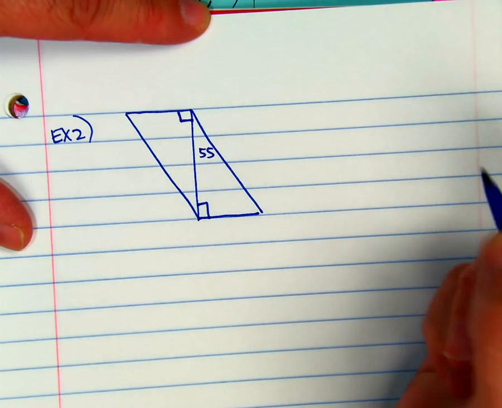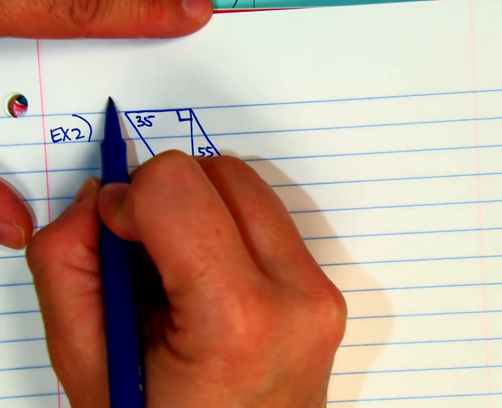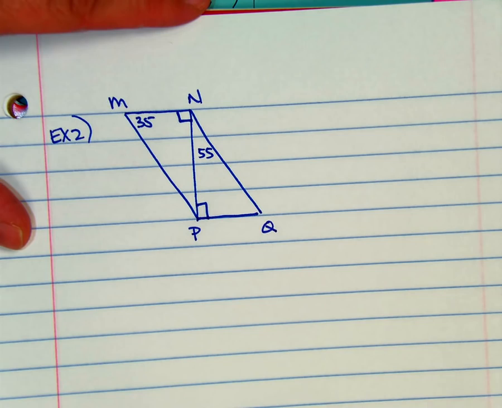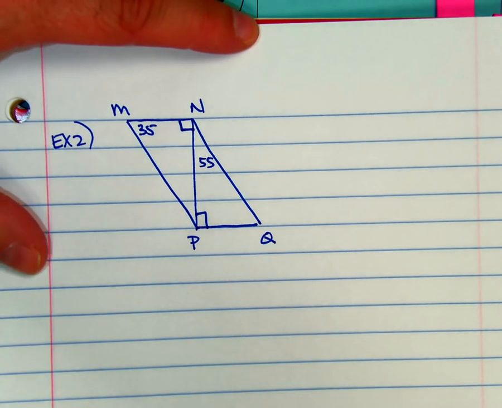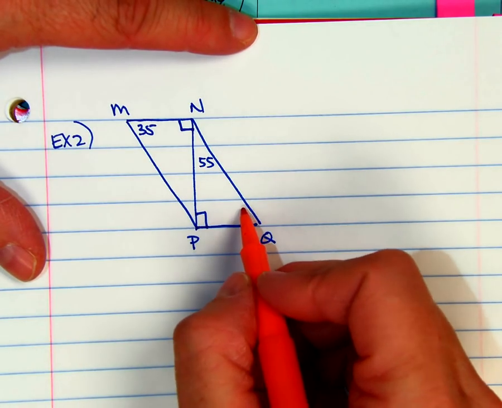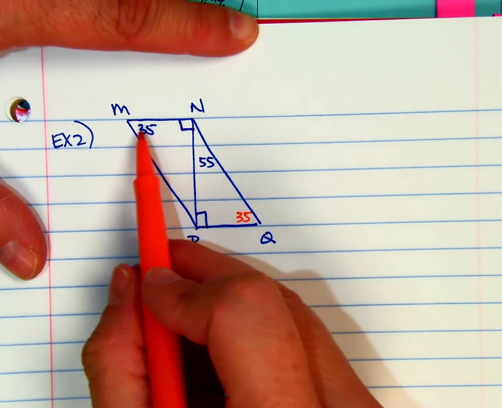This is 55 degrees and that is 35 degrees. M, N, P, and Q. So the first thing I would do is find the missing angles. If this is 90 and this is 55, these two angles are complementary, which means that this has to be 35.